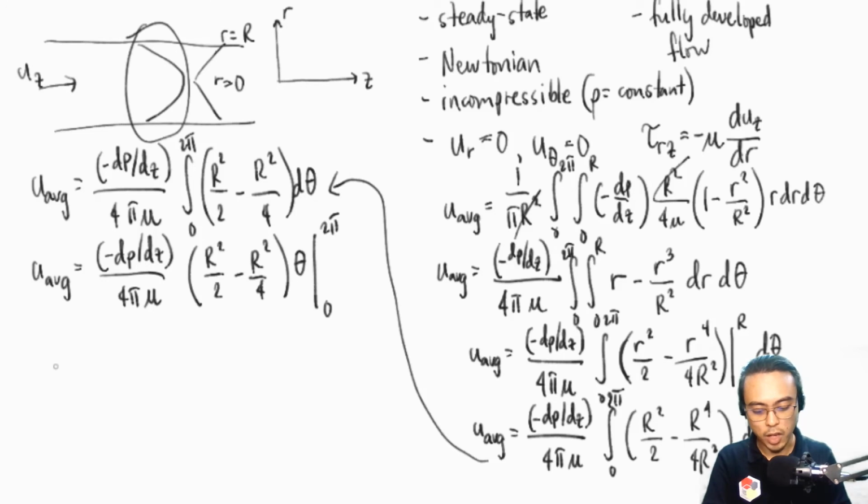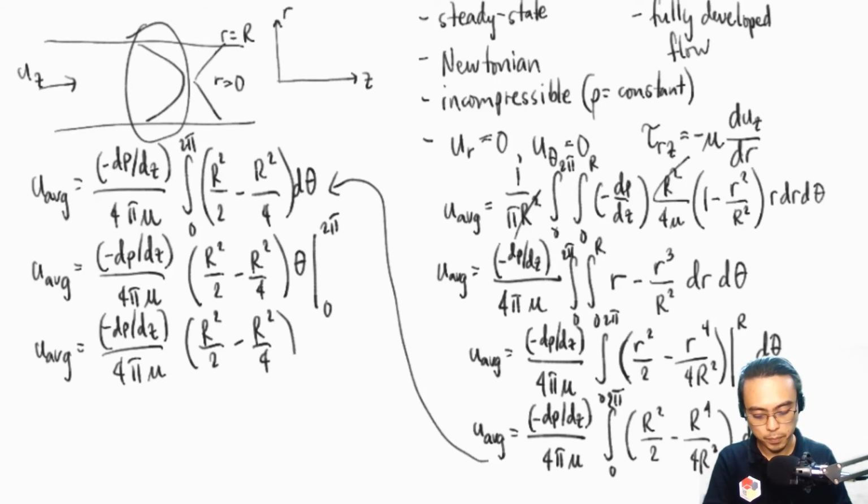Substituting, we have the average velocity as negative dp over dz over 4 pi mu times R squared over 2 minus R squared over 4, times 2 pi. Cancel pi.